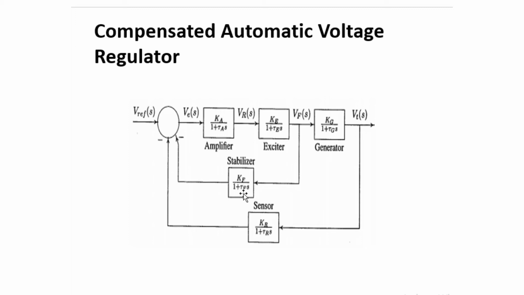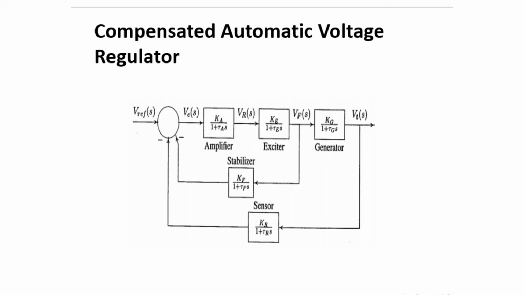So students, here we have a compensated automatic voltage regulator using the stabilizer, which is known as the excitation system stabilizer or power system stabilizer. And now we will implement it on MATLAB.